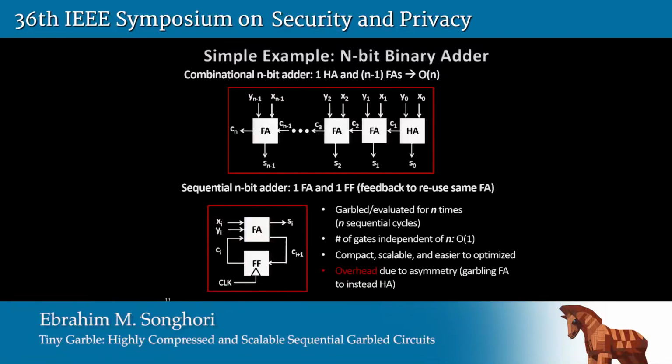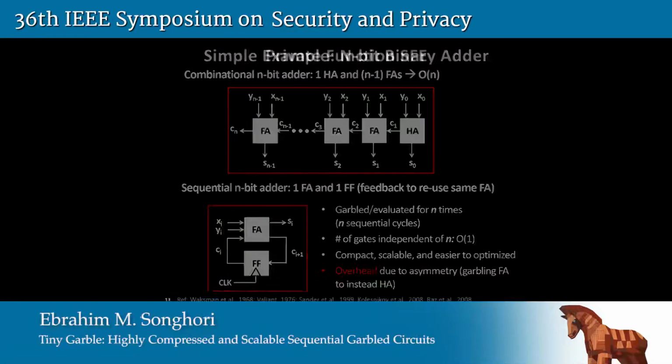The rest is full adder. If you notice, I ignore the flip-flop because we don't need to actually implement the flip-flop at an abstract level in the garbled circuit. Flip-flop is just transferring a label from one wire to another wire in garbled circuit, so it doesn't have any overhead.